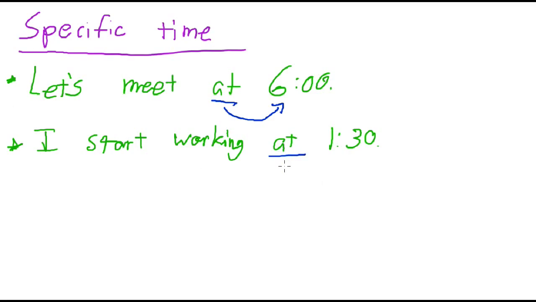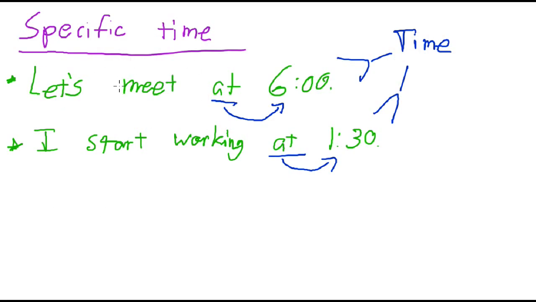So once again, at is talking about 1:30, correct? I start working at 1:30. So always when we use this specific time, we say at. Okay, time. So we say at for a specific time.